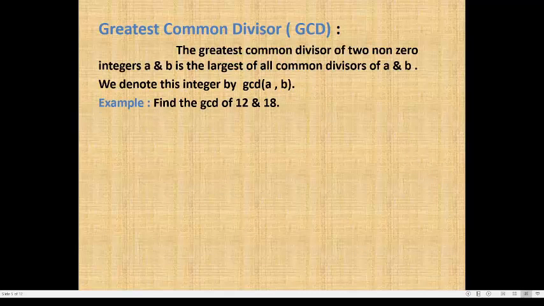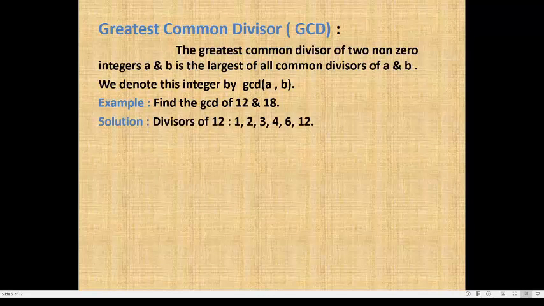Example, find the GCD of 12 and 18. This example is just for understanding the concept of GCD. Solution: divisors of 12 are 1, 2, 3, 4, 6 and 12.